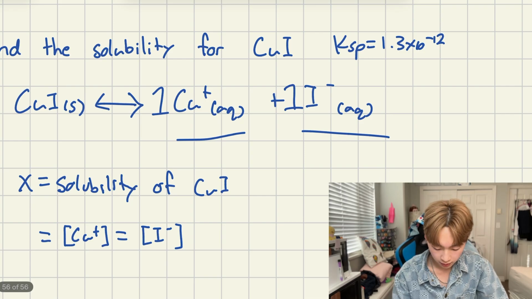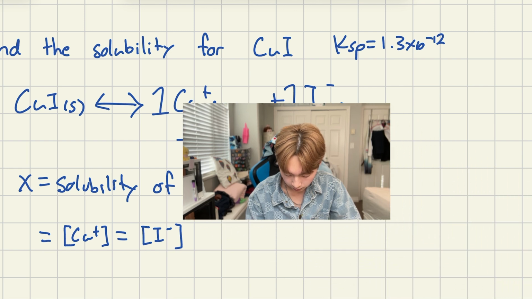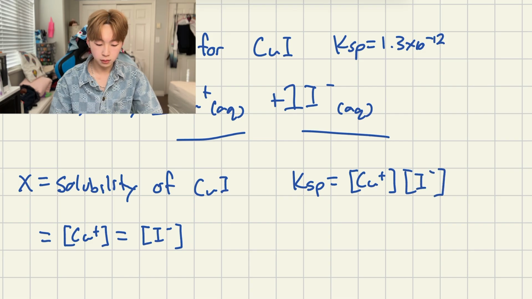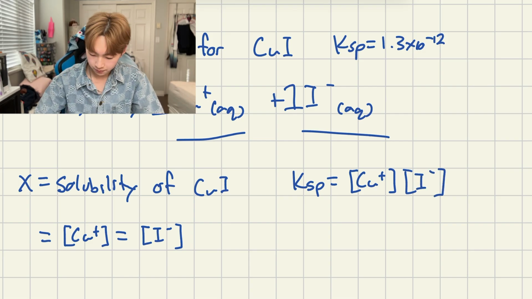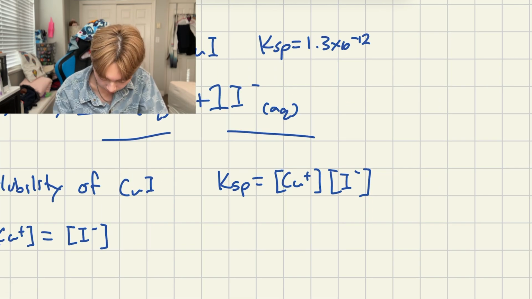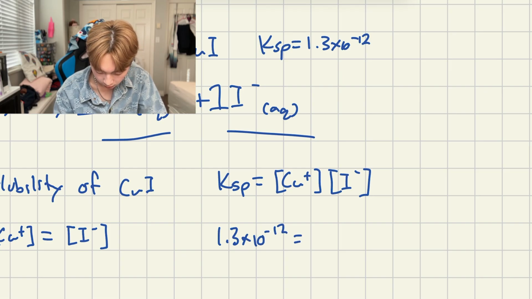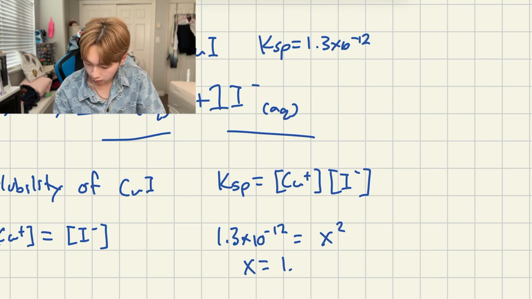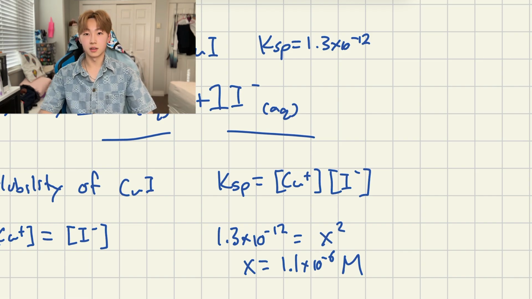Next, we have to write our Ksp expression. So it's equal to our products raised to the power of 1, and no reactants because that's a solid. And plugging in some numbers, we get 1.3 times 10 to the negative 12 is equal to x squared. And that gives us x is equal to 1.1 times 10 to the negative 6 molar. And that is our solubility.